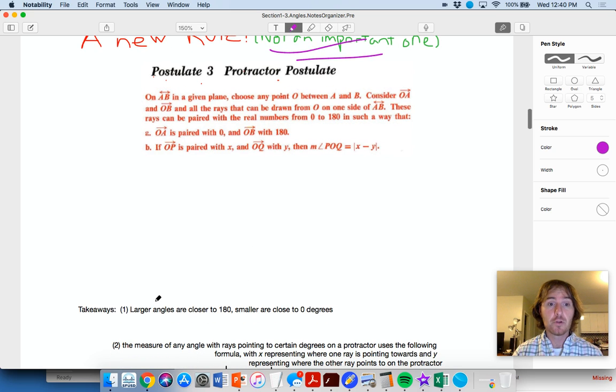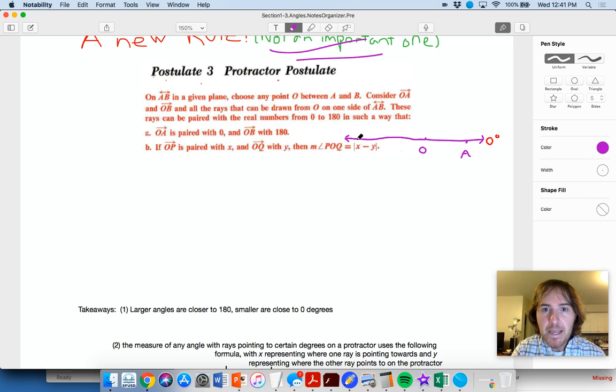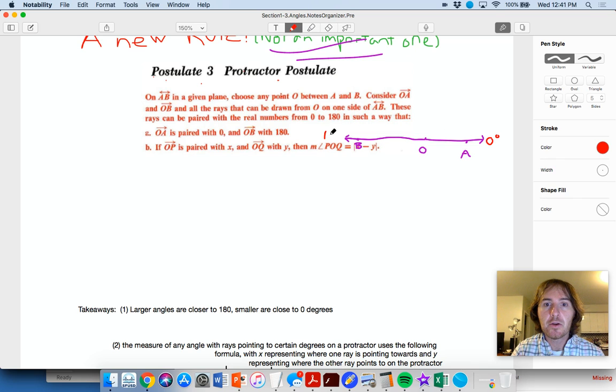The first agreement in the ruler postulate is this, that if we have OA, again made up of two rays, maybe I'll sketch this out for you guys real quick. If we have an angle, a ray OA, and it's paired with 0 degrees on the protractor itself, and then we have another ray, OB, and they are opposite rays here, and it's paired with 180 degrees.